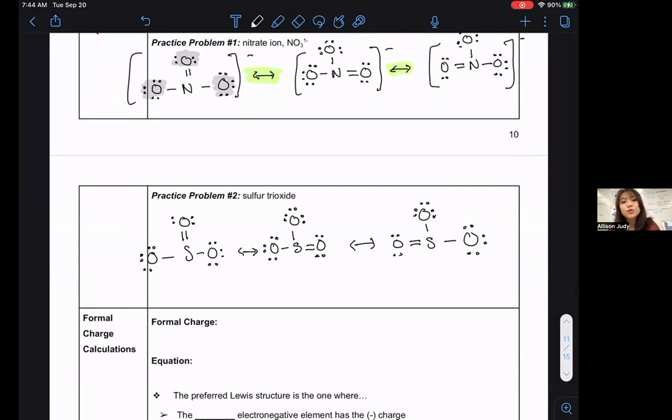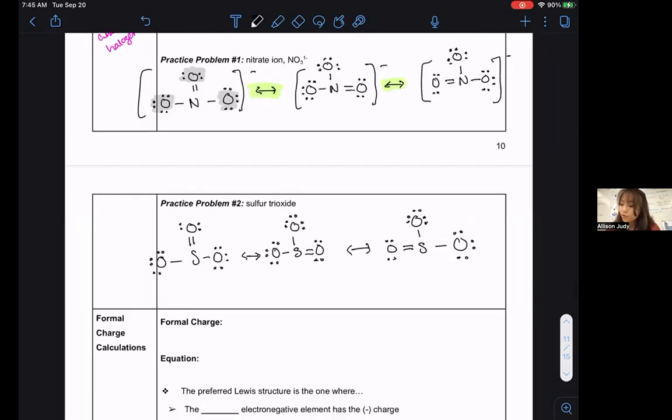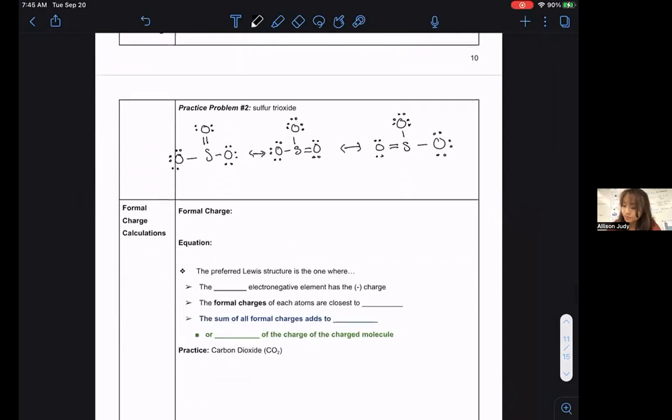How do you determine which one's the most dominant? Kind of like isotopes. How do you determine which isotope is going to be the most abundant version, the most dominant version, the most likely version, okay? And this is where formal charge comes into play.